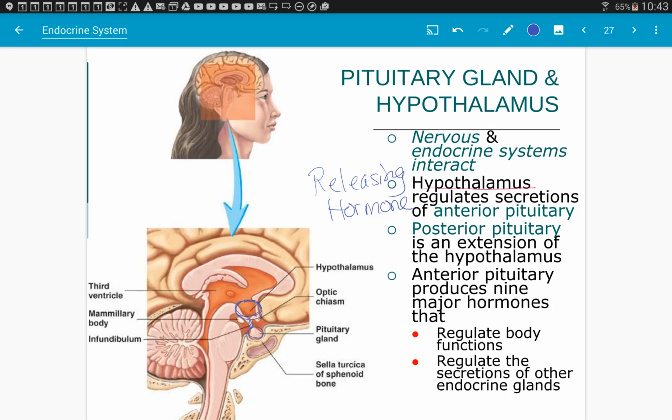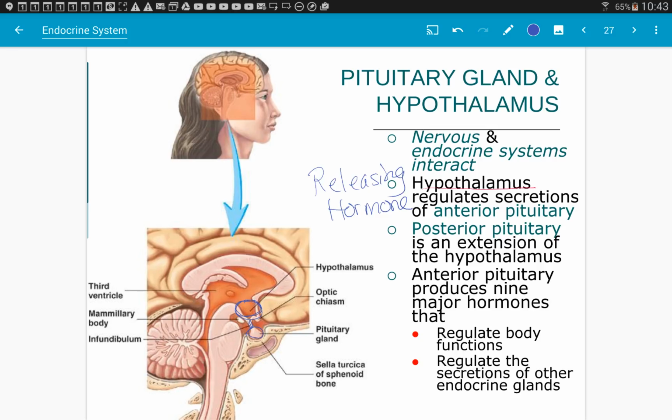So as an example, the hypothalamus could release growth hormone releasing hormone, which sounds kind of silly, but the growth hormone releasing hormone would then travel down that little infundibulum to the anterior pituitary, and it tells the anterior pituitary to release growth hormone. Just kind of silly.